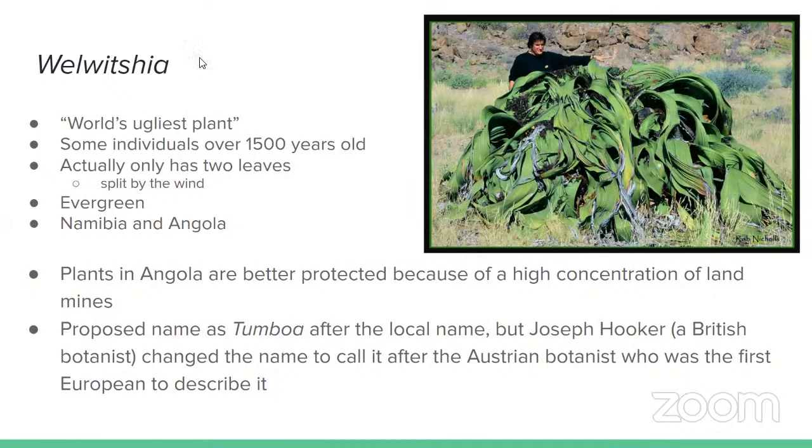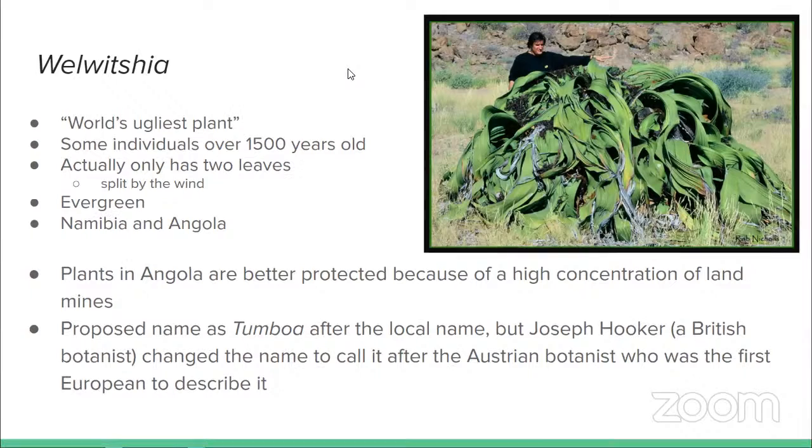It grows up as basal leaves, so 2 of them, just out to the sides. Basal leaves are the ones that are kind of at the bottom. These grow and grow and grow, but they're growing in deserts, so we have really high wind forces. They've been around for 15,000 years in that desert. So these 2 leaves get split by the wind, giving us these crazy looking plants.